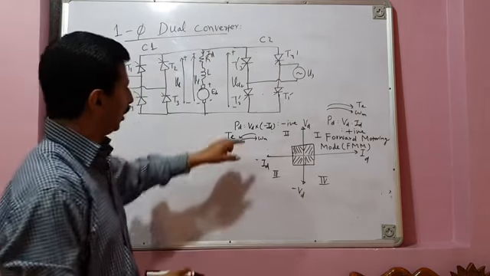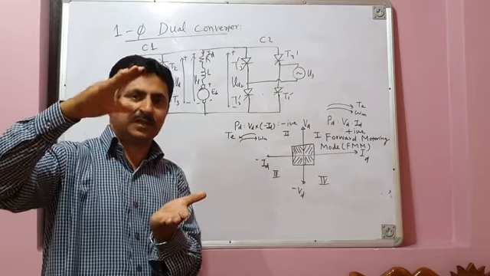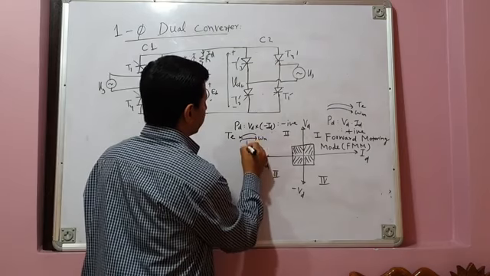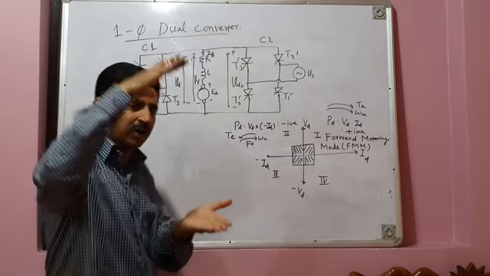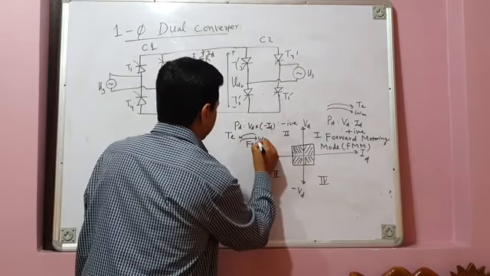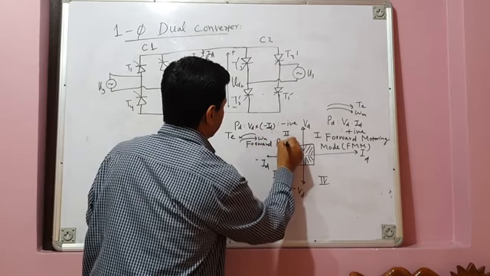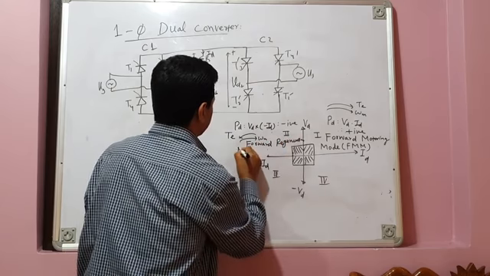So in quadrant 2, your machine gets braked. This mode is called forward regeneration mode. Your machine operates in regeneration mode and braking takes place. I will write quadrant 2 is forward regeneration mode.